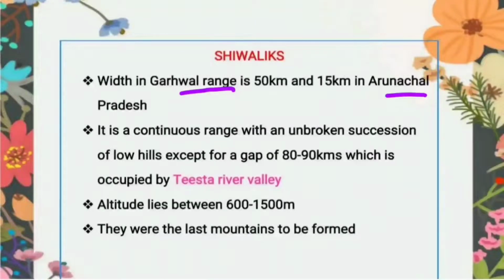Shivalik is a continuous range with an unbroken succession of lower hills. It is a continuous range with no breaks at all, except for a gap of about 80 to 90 kilometers, and this gap is occupied by the river Teesta.